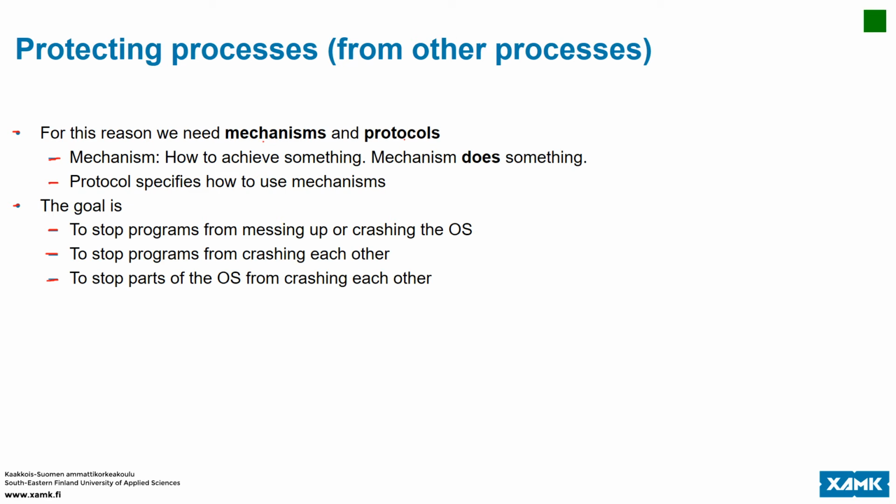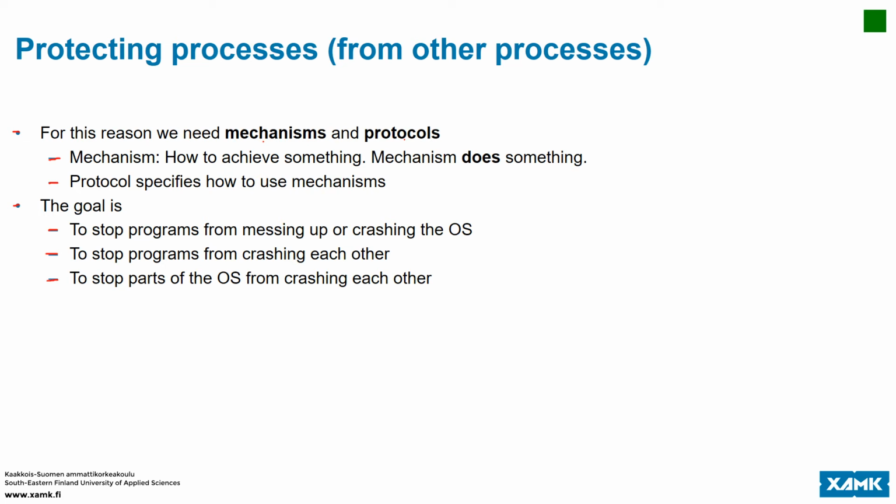For this reason, to keep processes safe, we need some mechanisms and protocols. A mechanism is a way to do something. A mechanism is a tool. A mechanism does something. So, for example, paging is a tool. A protocol, on the other hand, is a rule set that specifies how to use mechanisms.